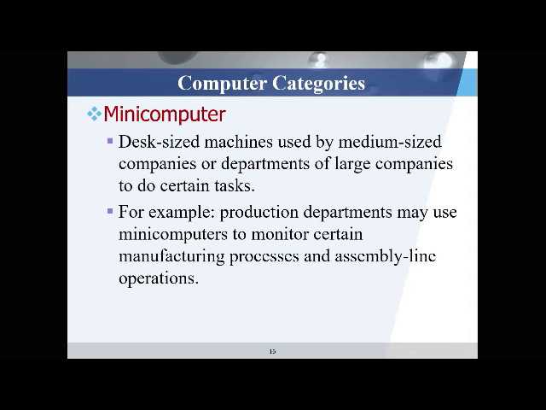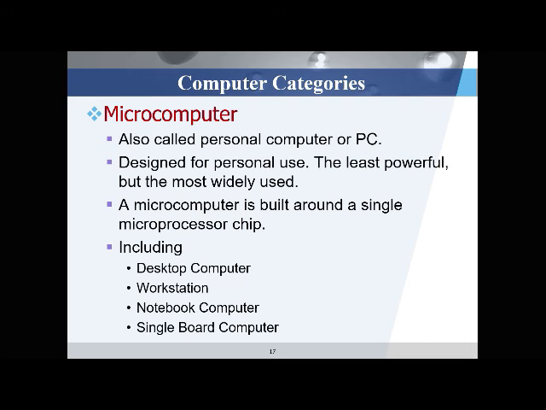And the third type is called the mini computer. This looks like a desktop, but it's a little bit different compared with the desktop. It's a desk-sized machine used by medium-sized companies or departments, because it is more stable than the microcomputer. Okay? And you can use the mini computer to do production related development and design work.